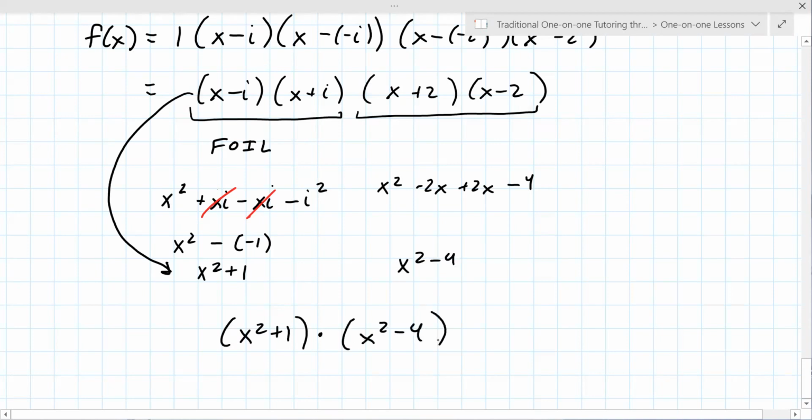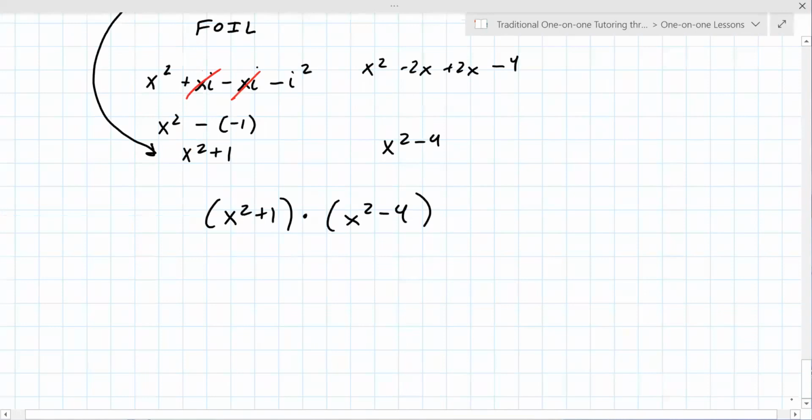And this is where, as a student, you feel really good, like, hey, I know how to do this part, but it's a synthesis problem. You have to keep going. You have to not only do the individual FOIL, you have to then do another one. It never stops.